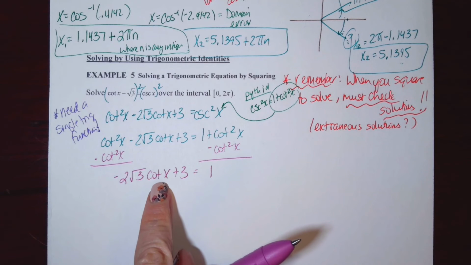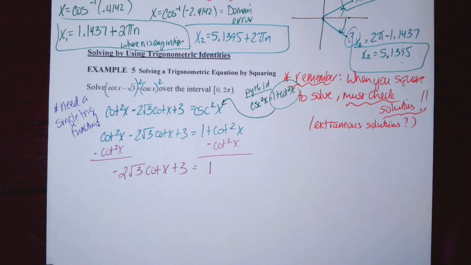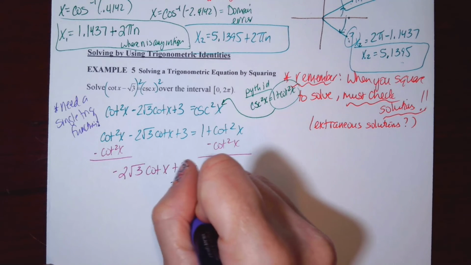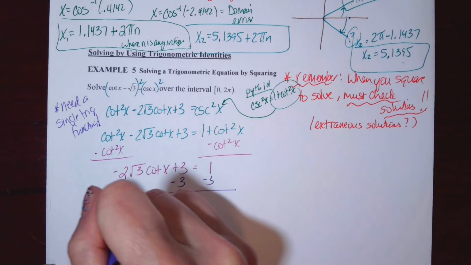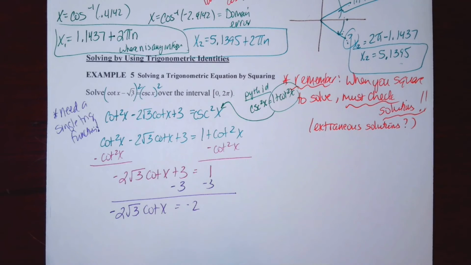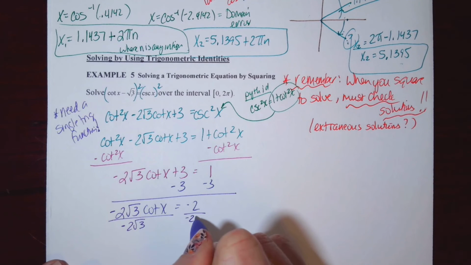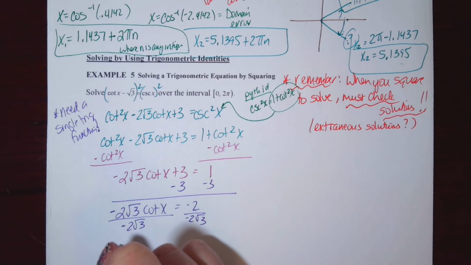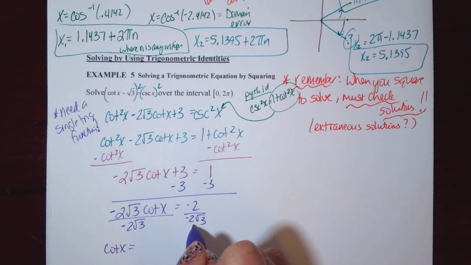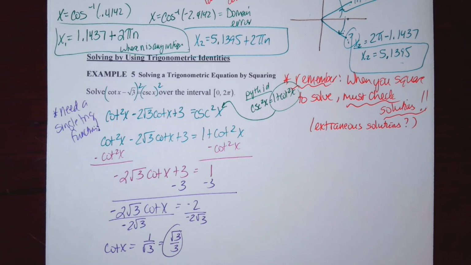Now it looks simpler because I've just got this cotangent x to solve for. So let's move our constant over, subtract 3. I've got negative 2 square root 3 cotangent x equals negative 2. I'm going to divide both sides by negative 2 square root 3. So cotangent x is equal to a negative divided by negative, a positive, 1 over square root 3, which is the same thing as square root 3 over 3.